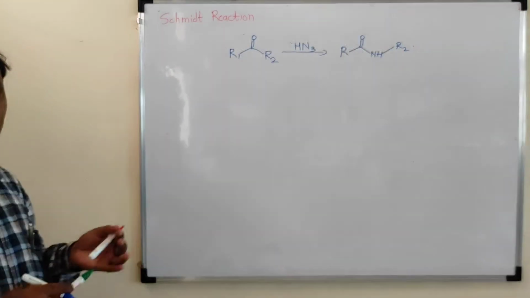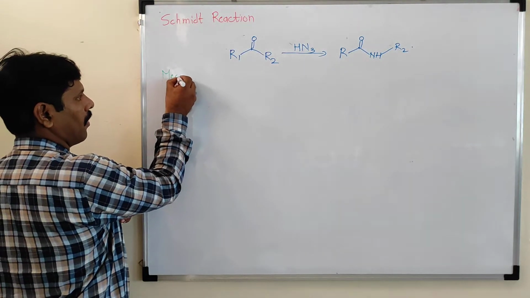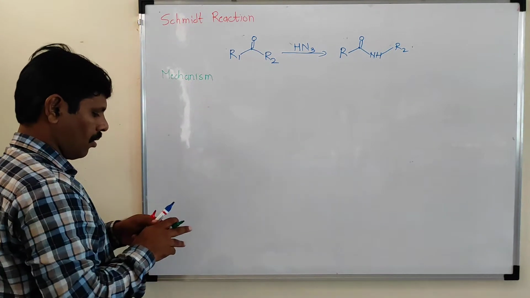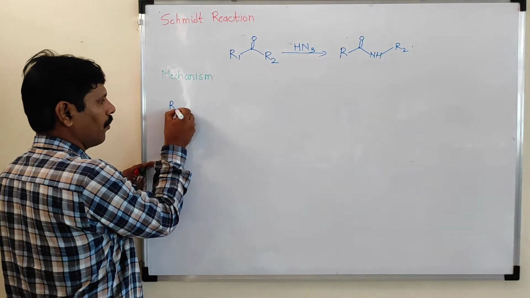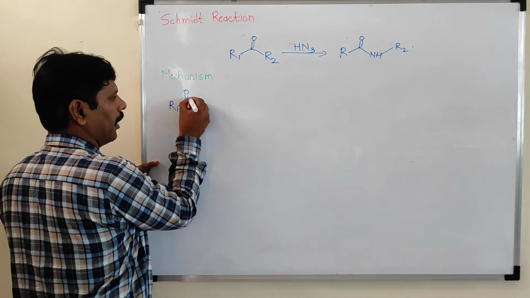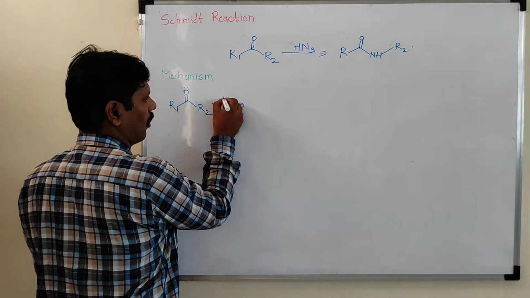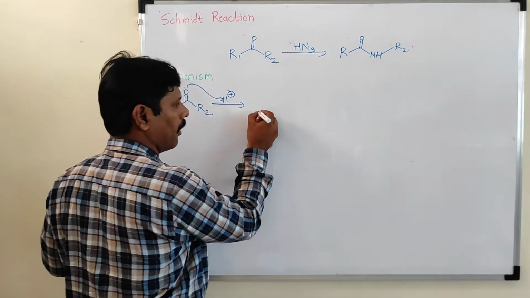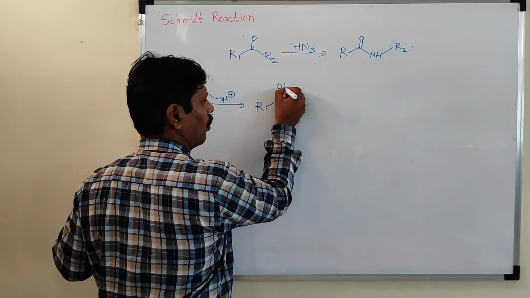What is the mechanism of that reaction? The mechanism of this reaction is, first one, ketone under protonating condition. Ketone contains a lone pair of electrons, abstracts a proton, and protonation of ketone takes place.